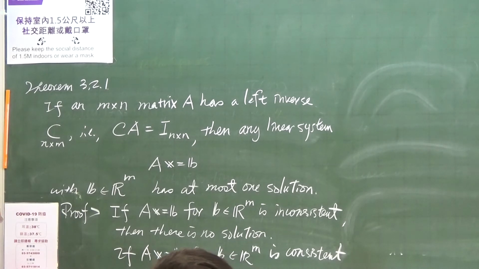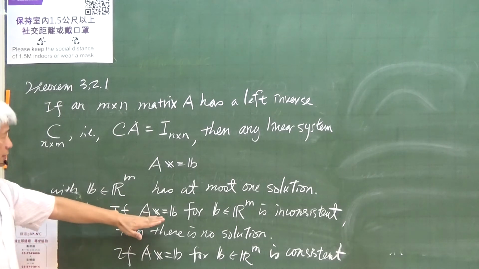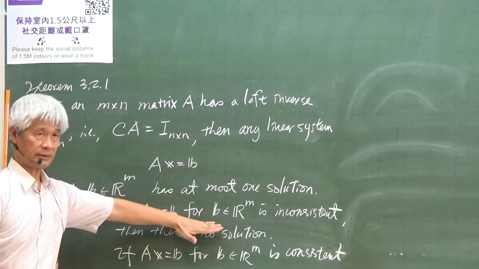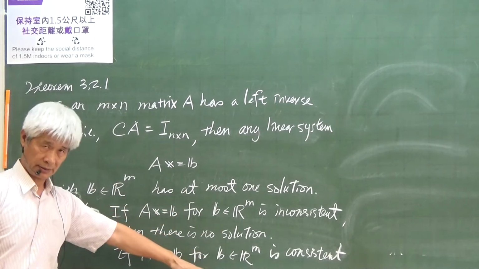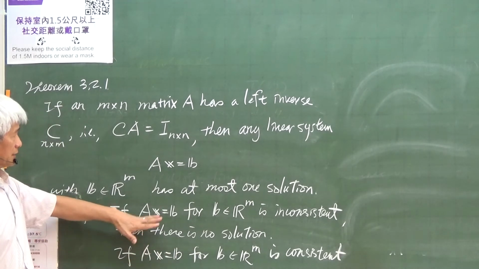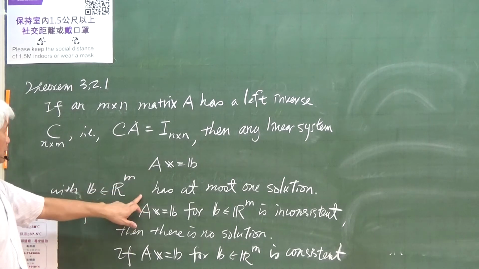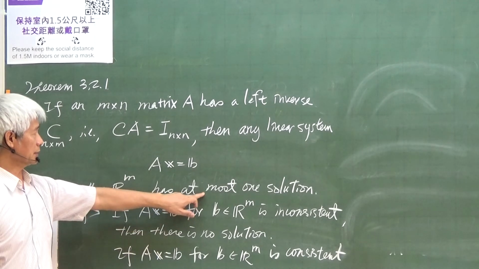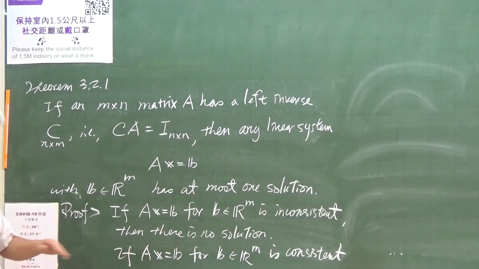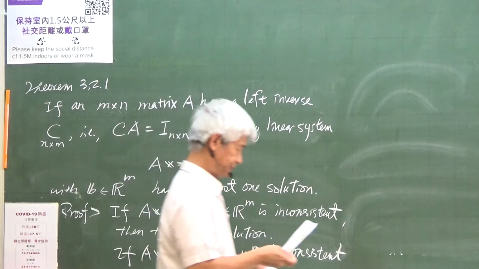We have only two situations: either the linear system is inconsistent or consistent. If it is inconsistent, there is no solution at all, and our conclusion is still valid. So now we have to deal with the second situation, that the linear system is consistent.